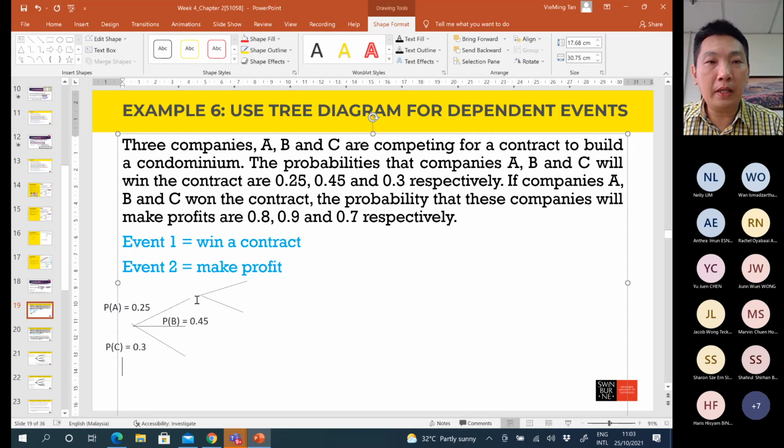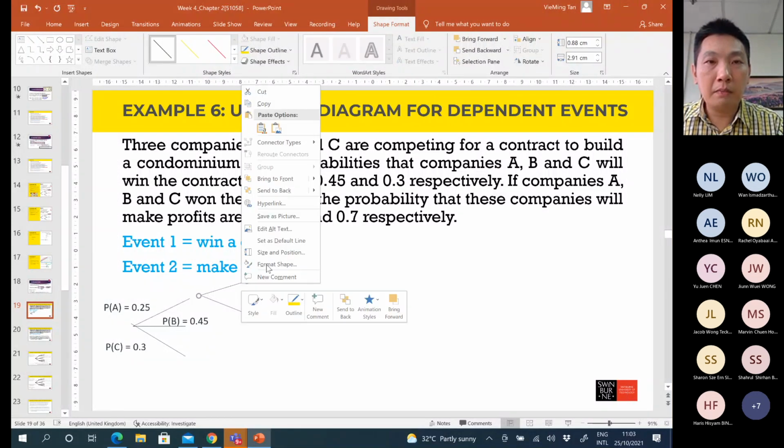If company A won the contract, the company can either make a profit or make a loss. For B also the same, profit or loss.